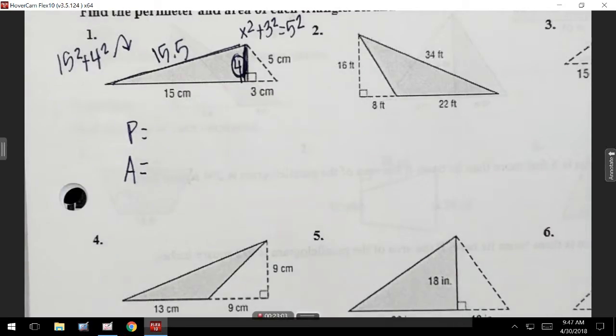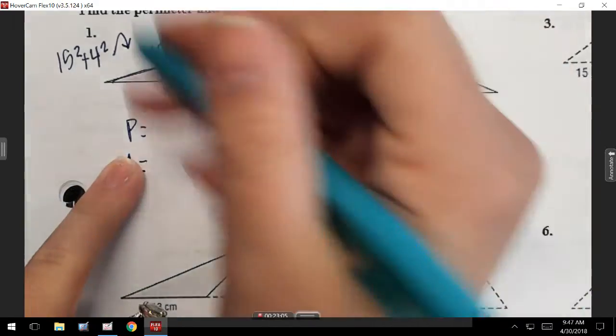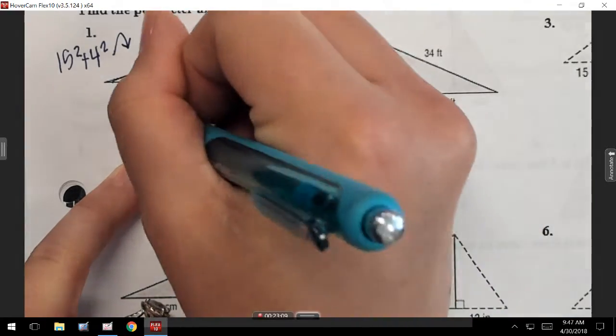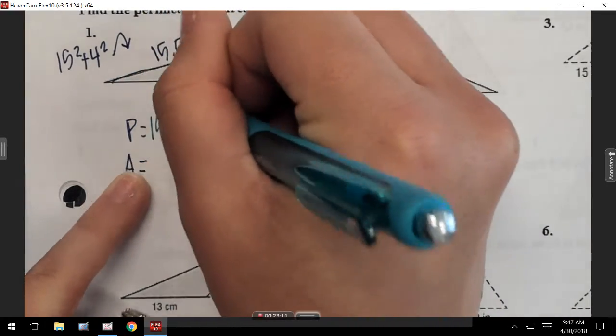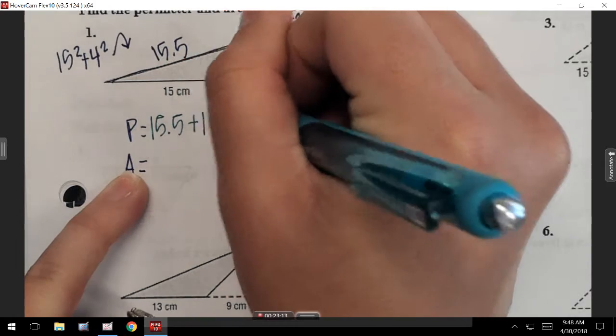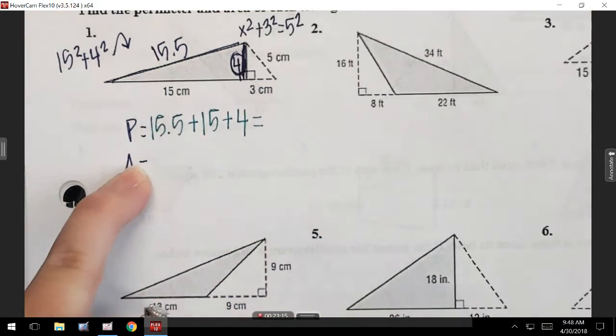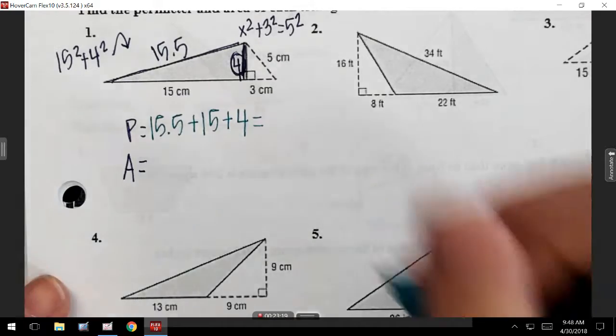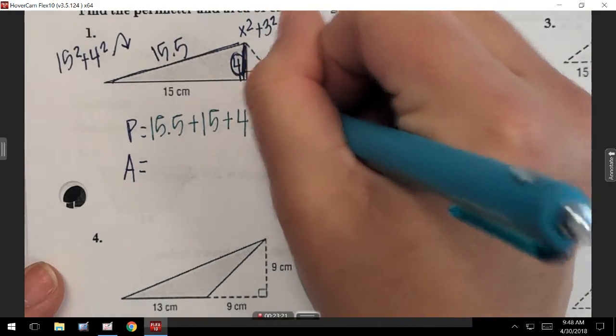Okay, so perimeter, add up what 3 sides? 15.5 plus, which is 34.5.